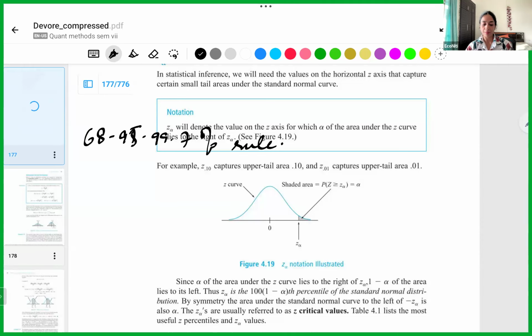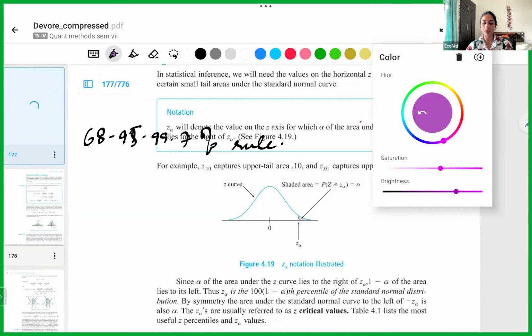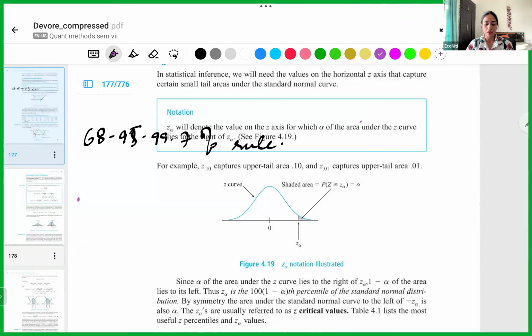What this says is that the probability, and we will show that this can hold for any normal, but यहाँ पे ये होगा कि the probability that is 0.68. Let me just write it.